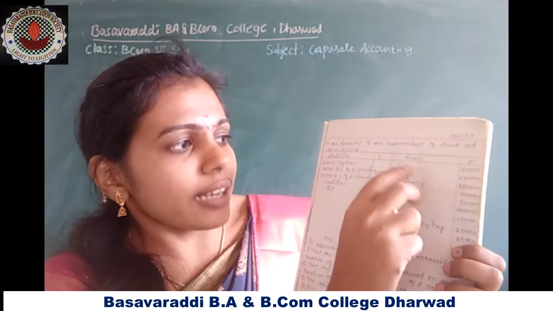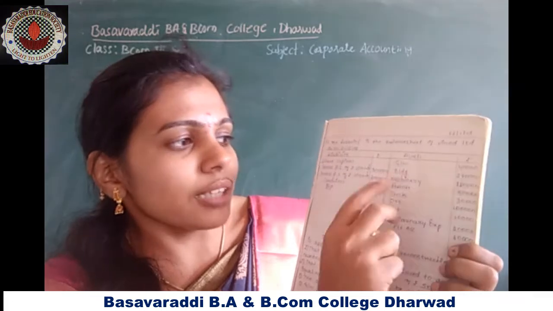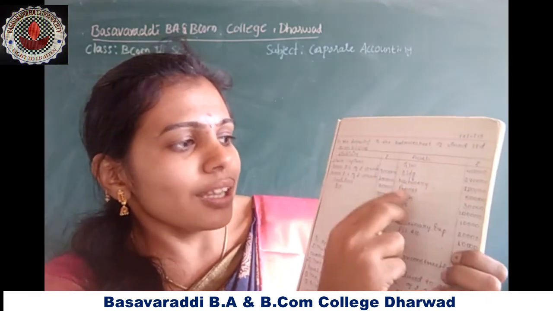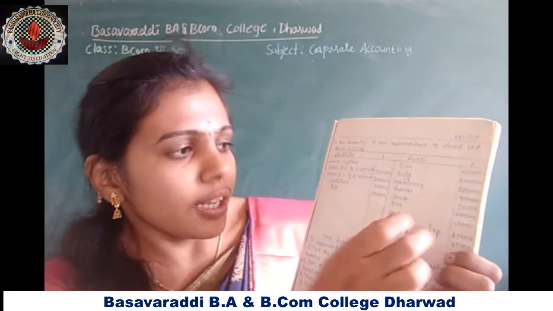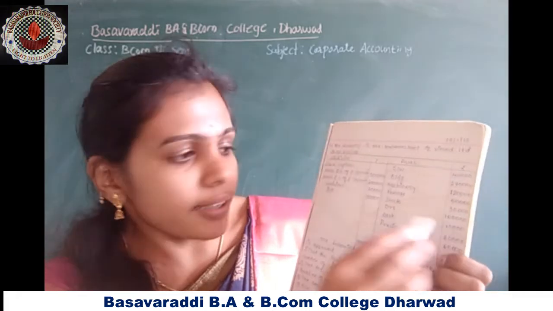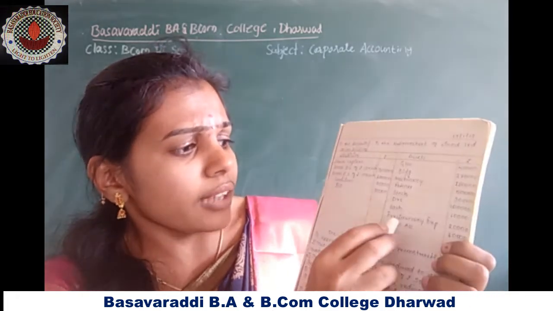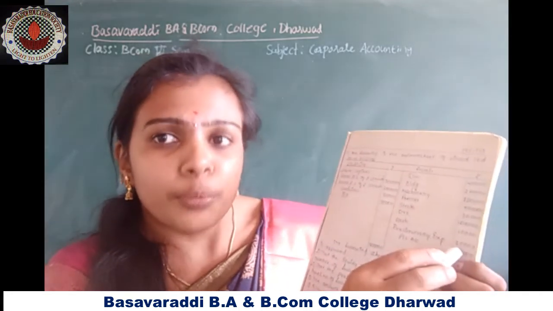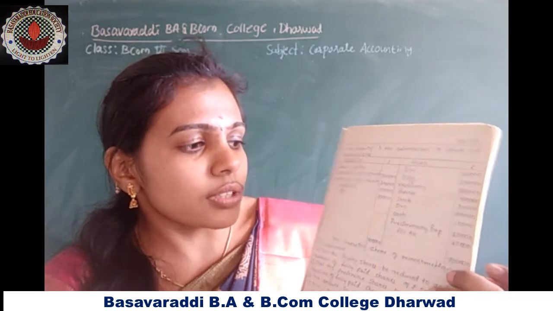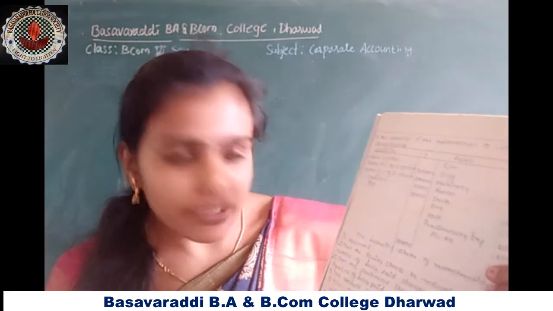Asset side: goodwill 40,000, building 2 lakh 70,000, machinery 1 lakh 20,000, patents 50,000, stock 30,000, debtors 1 lakh, cash 10,000, preliminary expenses 20,000, and profit and loss account 6 lakh. Both side total 7 lakh.